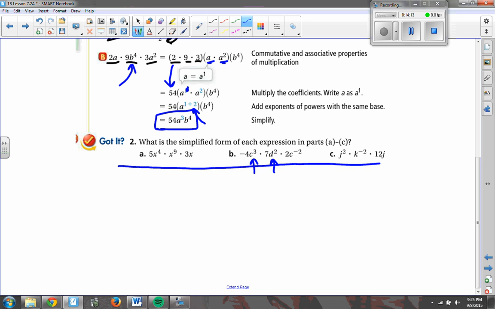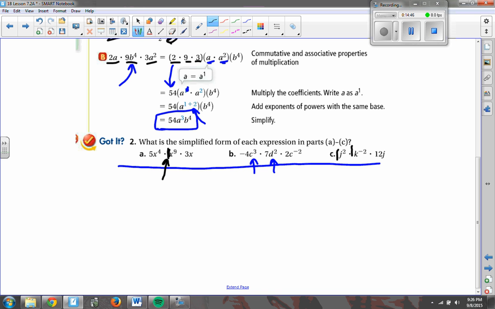The other thing I want you to know is that remember that if you do not see a coefficient out in front of your variable, like we see right there with x to the 9th, we can assume that there's just one of those. So we can put a 1 wherever we don't see a coefficient. Okay? Just like we can put a 1 wherever we don't see an exponent.